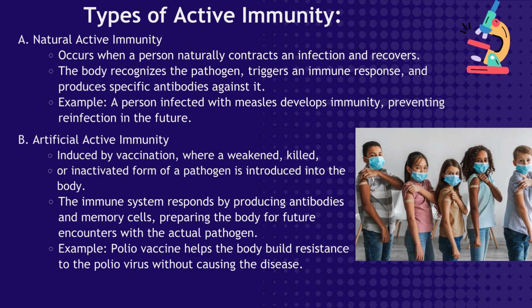Artificial active immunity is induced by vaccination, where a weakened, killed, or inactivated form of a pathogen is introduced into the body. The immune system responds by producing antibodies and memory cells, preparing the body for future encounters with the actual pathogen. Example: polio vaccine helps the body build resistance to the polio virus without causing the disease.